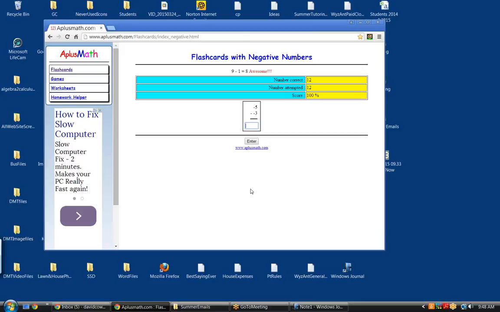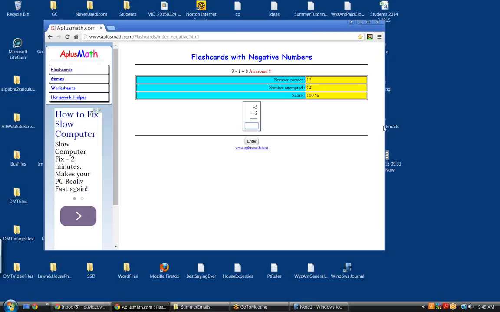Negative 8. Okay, let's treat subtraction kind of like we treat division. Turn it into an addition problem. In order to turn it into an addition problem, I change that to a plus, but when I change that, I got to change the sign on that also. So the problem really becomes minus 5 plus 3.